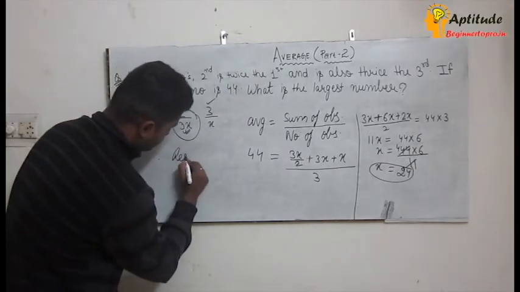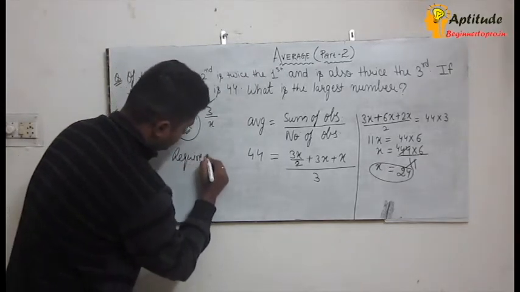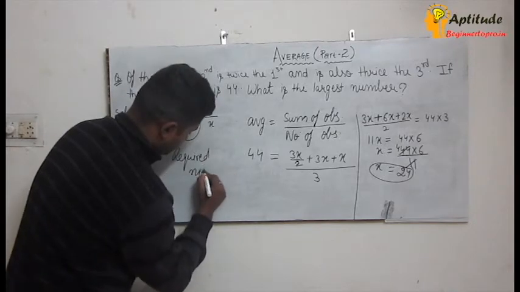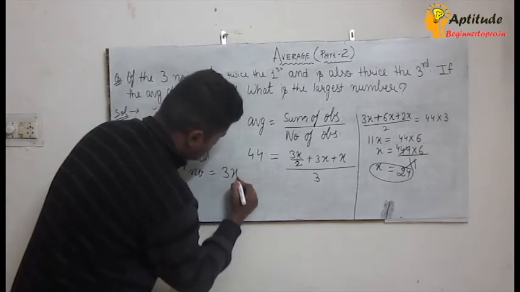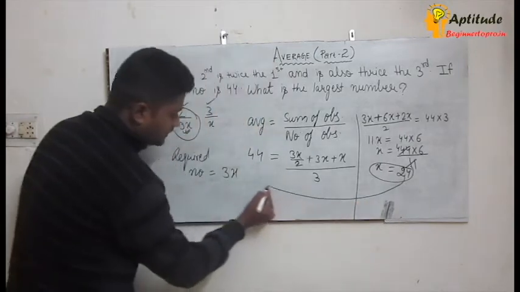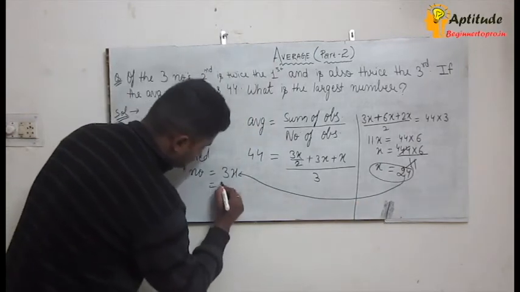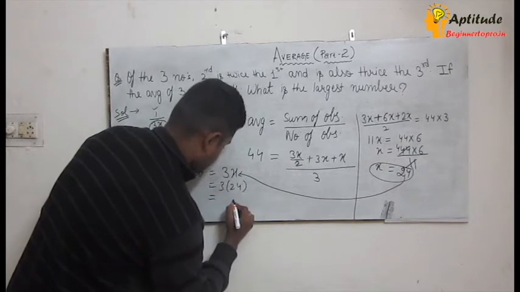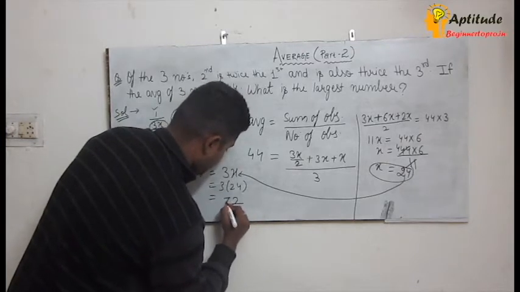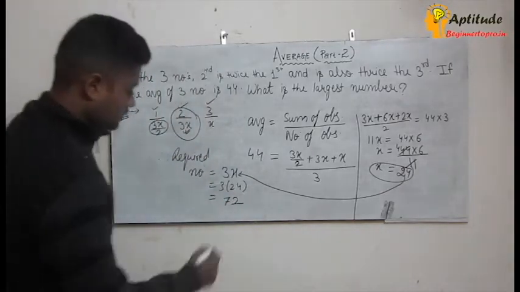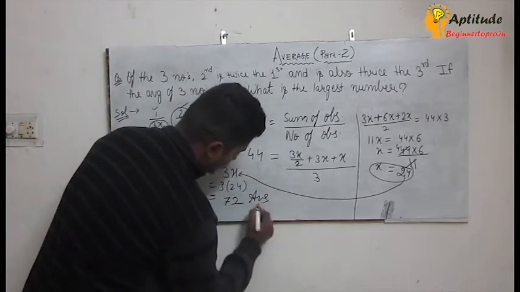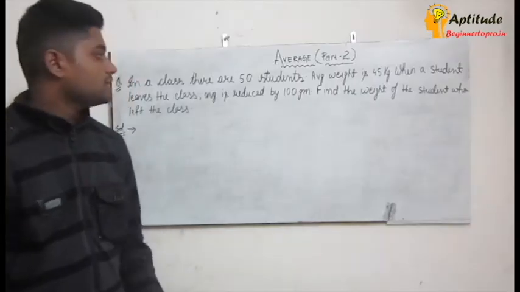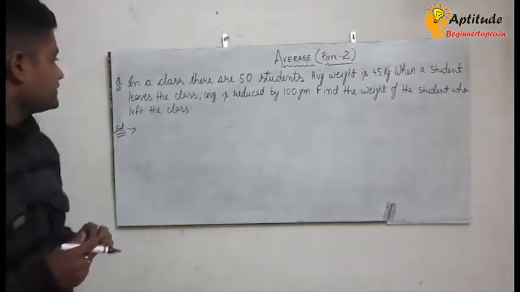So, the required number will be 3x. We will put this x value here, 3 into 24, which is 72. So, this is our answer. Okay, now we will see the next question.